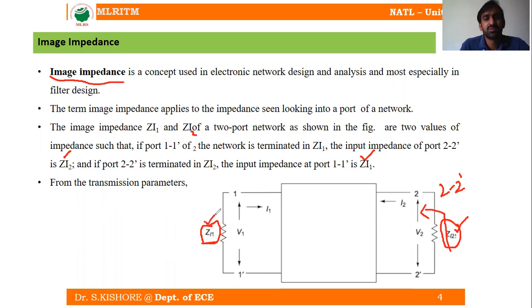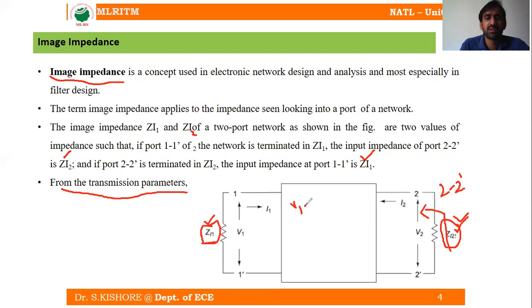So how do we get the expressions for ZI1 and ZI2? In general, we have the transmission parameters, from which we know the expressions for V1 and I1. If we consider the two-port network with respect to the transmission line, V1 and I1 are our sending end variables, and V2 and I2 are our receiving end variables. That means the dependent variables are V1 and I1, and we are expressing the sending end variables in terms of the receiving end variables.